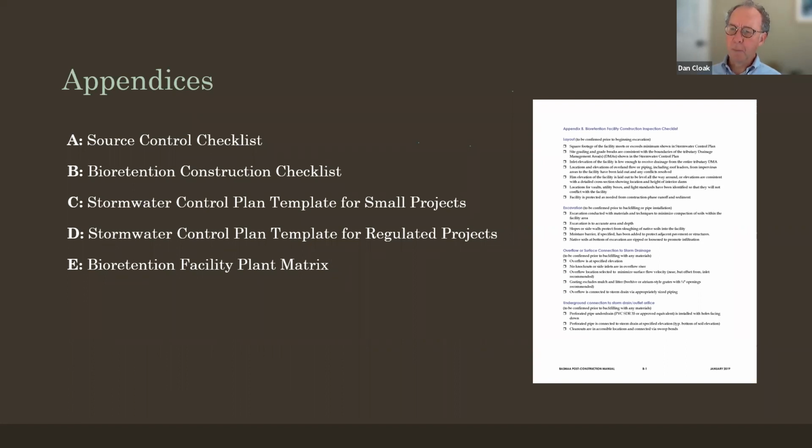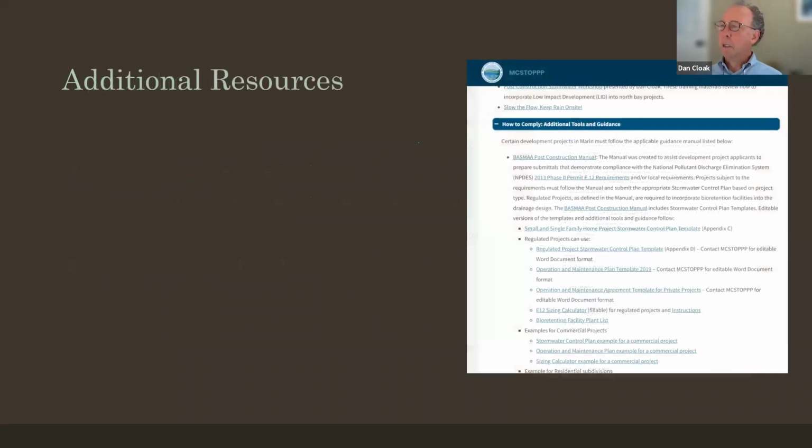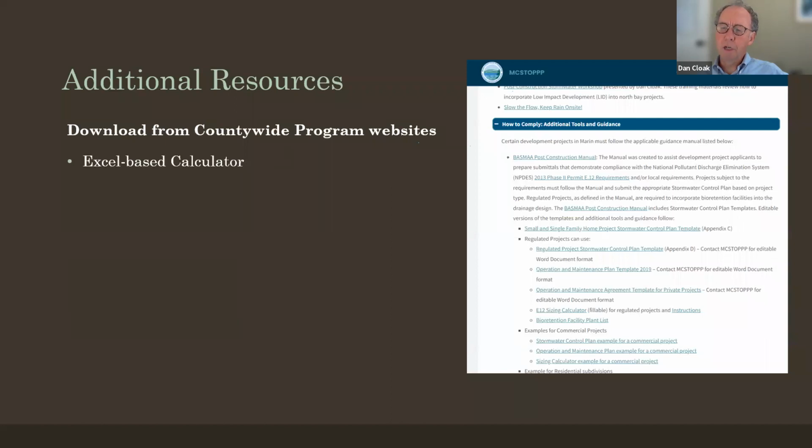There is a plant matrix, a list of plants, which should work in most bioretention facilities in our area. And then there are these additional resources. I took a screenshot here of McStop's website, but there are other things that can be downloaded online, which also help. There's an Excel-based calculator.